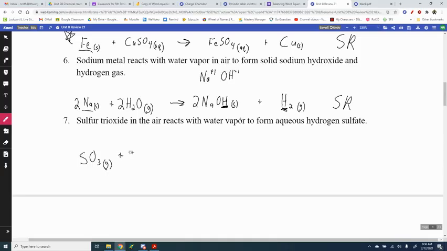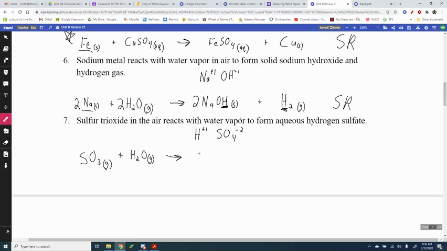That reacts with water vapor. So that is also a gas to form aqueous hydrogen sulfate. So we have hydrogen. That is a +1. We have sulfate. That is a -2.